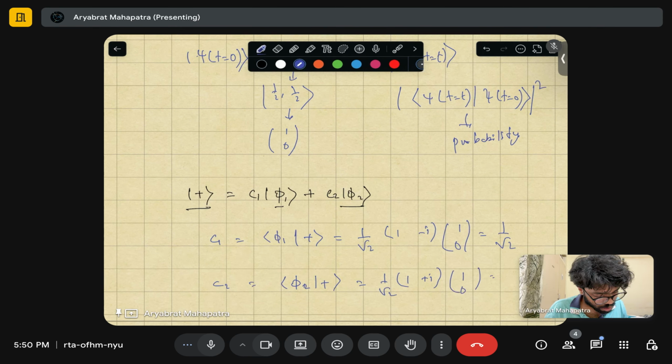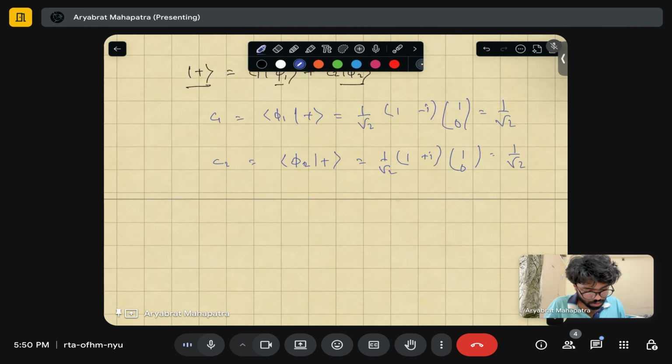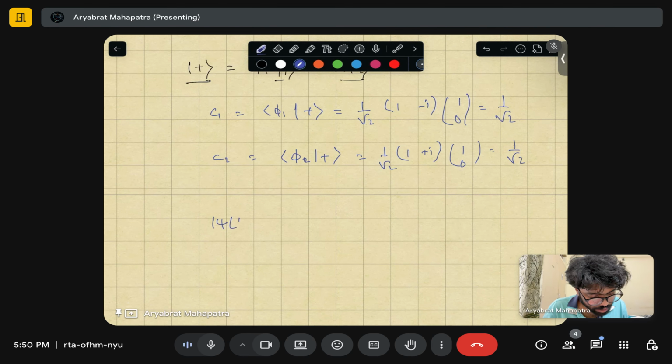This will give me 1 over square root 2. Now I got the initial state. So the initial state is 1 by root 2 phi 1 plus 1 by root 2 phi 2.